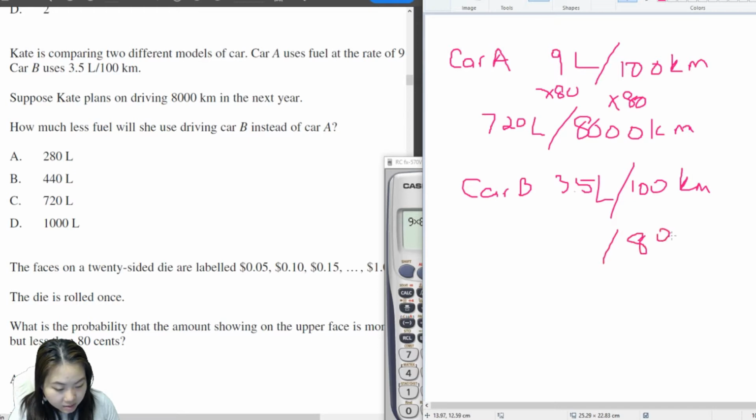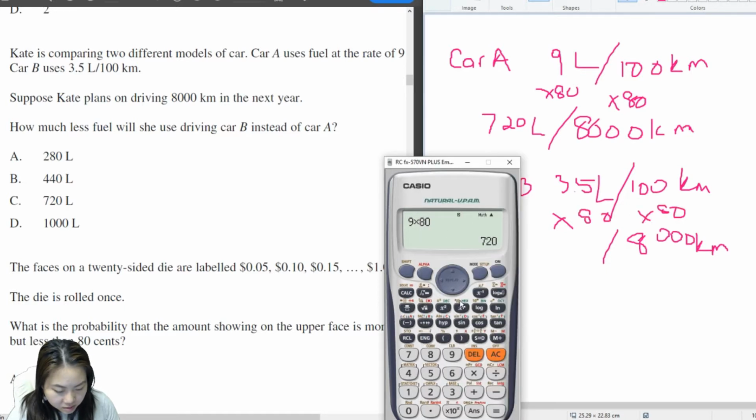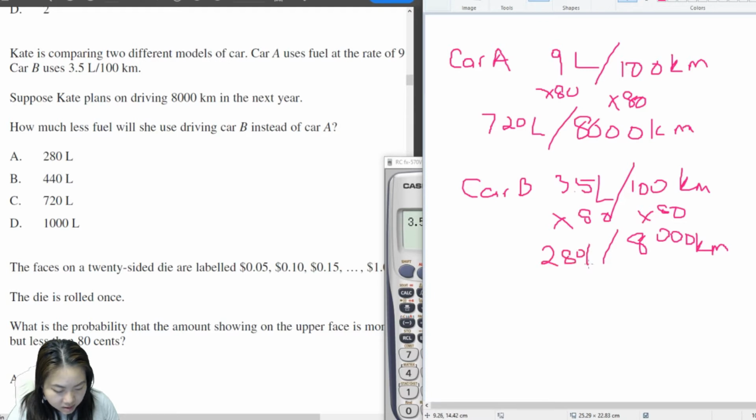For 8,000 Ks, it is the same. It's still 80 times more. Shocking handwriting. So we will get 280 liters. So how much less fuel is she going to use?